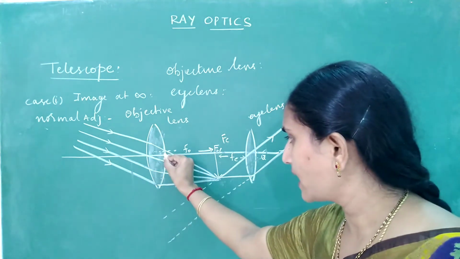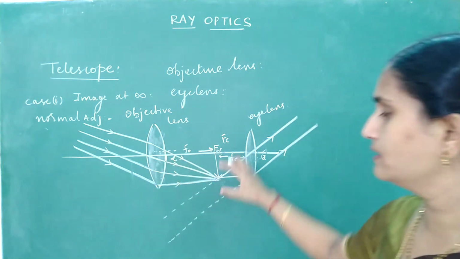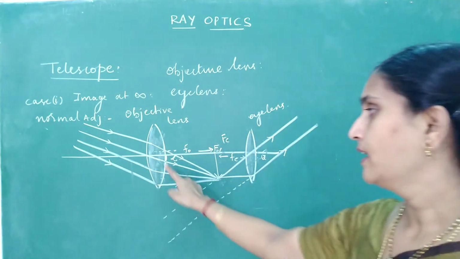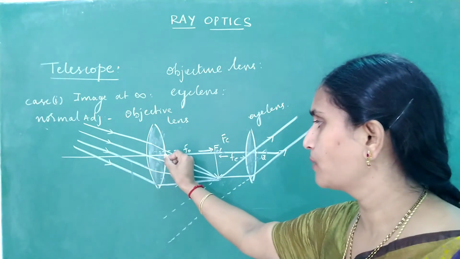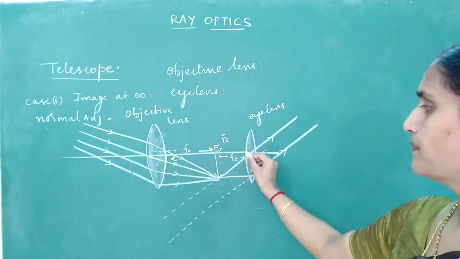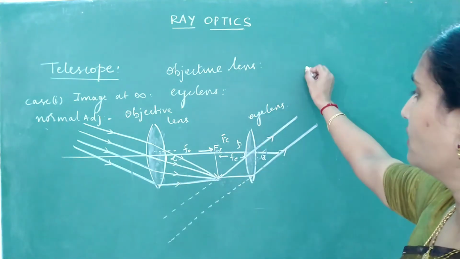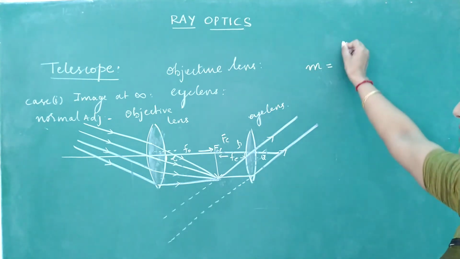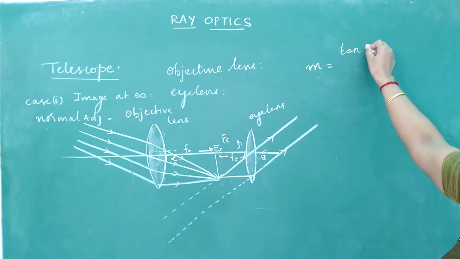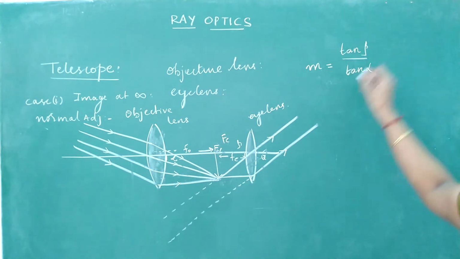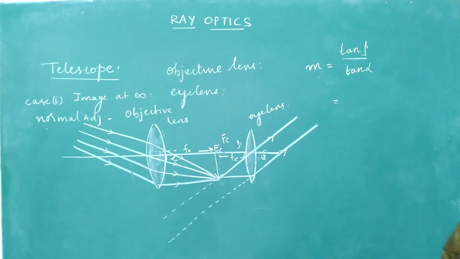If I take this angle as alpha, the angle subtended by the object at the objective lens, and I take this angle as beta, then magnification is defined as angular magnification, tan beta by tan alpha. Let's find out tan beta by tan alpha.